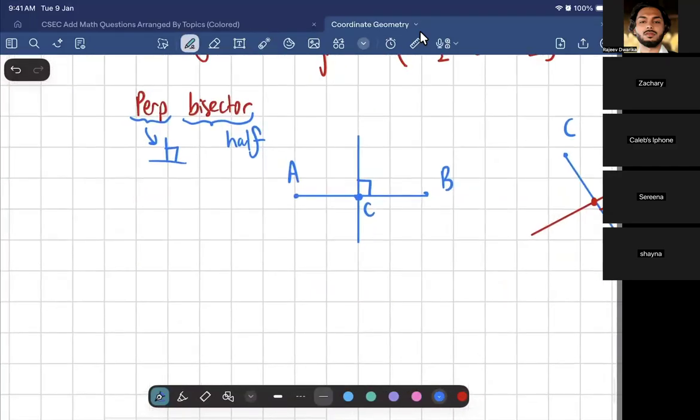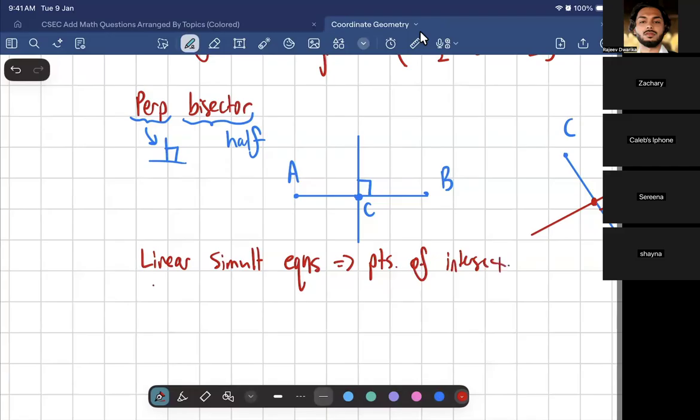You should also be able to handle linear simultaneous equations, and this would tell you the points of intersection between two lines. Do you know how to handle simultaneous equations or not? Yes, sir.